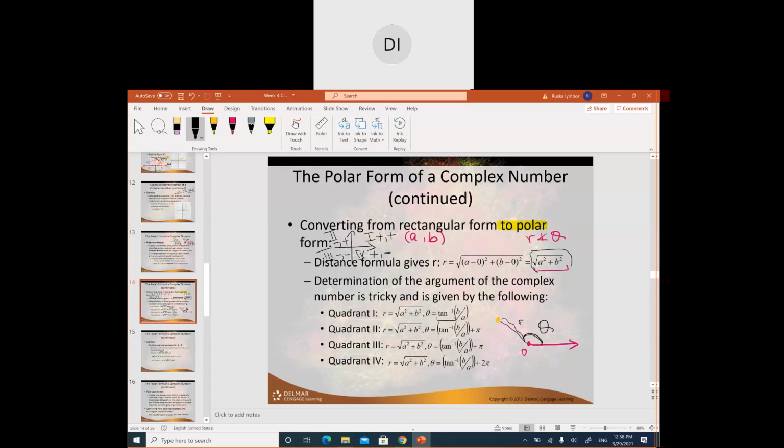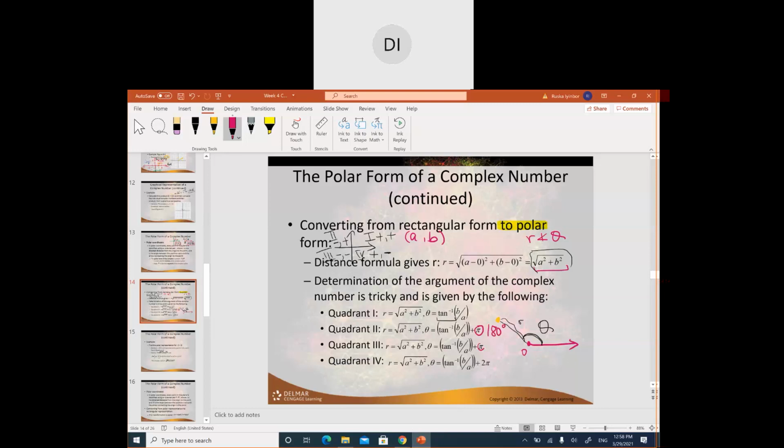Now we're going to work with degrees. Pi is radians, 3.14, but we're going to work with degrees. So instead of adding pi, you're going to get the answer in degrees, and you're going to add 180 degrees.